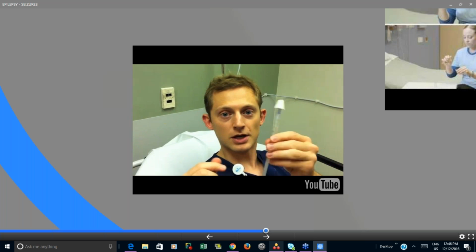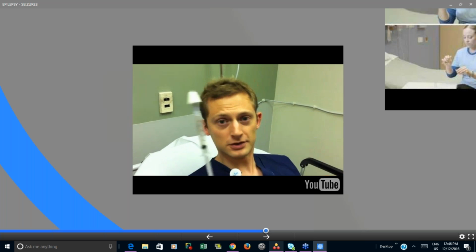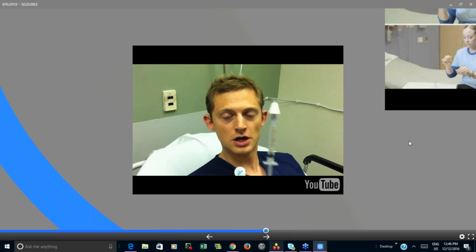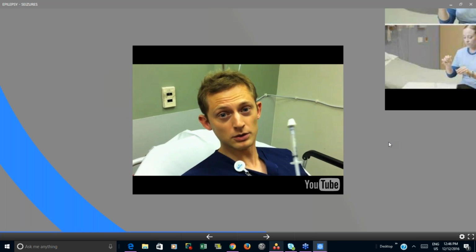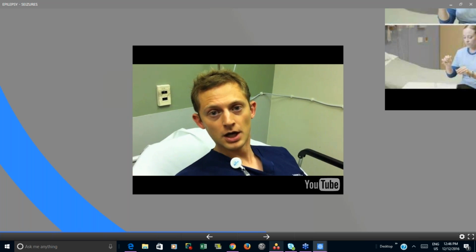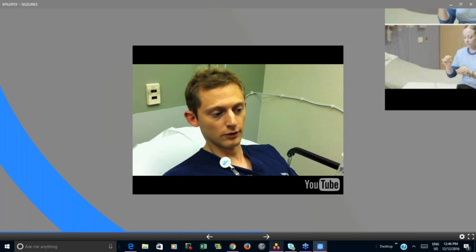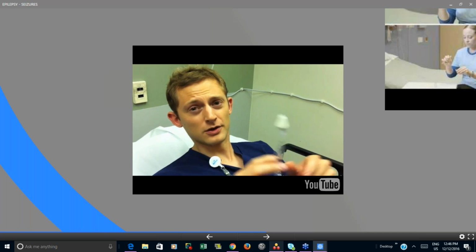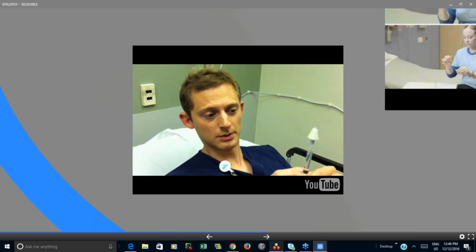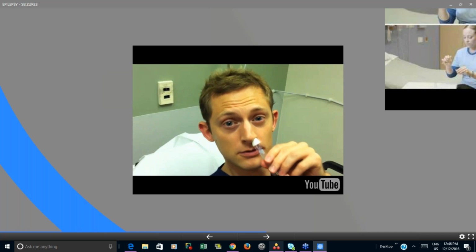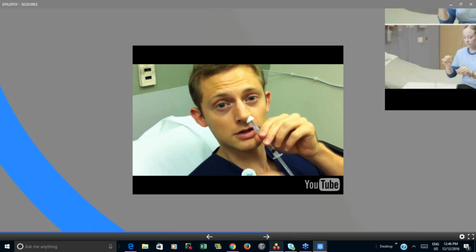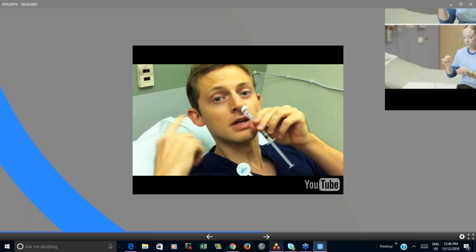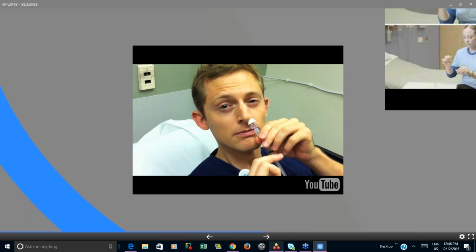Okay, so I'm going to demonstrate how to use the device. So I've hooked up a 3 ml syringe. Like I said in the article, you should really probably only use a maximum of 1 ml per nostril, because otherwise it'll overflow. We've got 3 here, so I'll do 1 in one nostril, and then I'll show you that 1.5 is probably a little too much. So here we go. Ready? You just kind of obstruct the nostril like this, and you have the patient inhale as they're doing it.